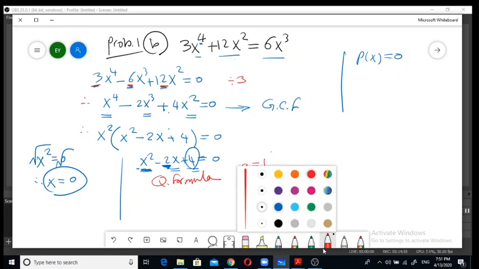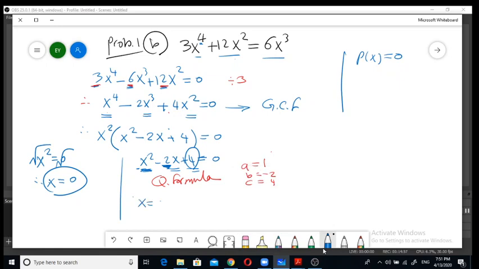Then we apply the quadratic formula, which is x is equal to negative b plus or minus square root of b squared minus 4ac over 2a.